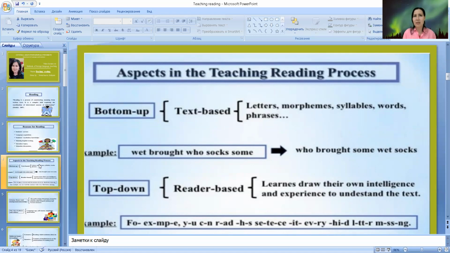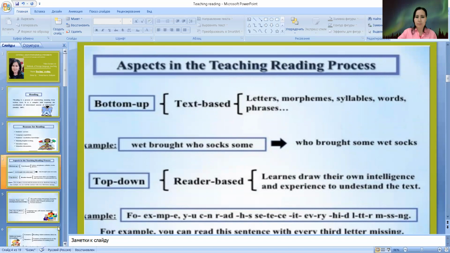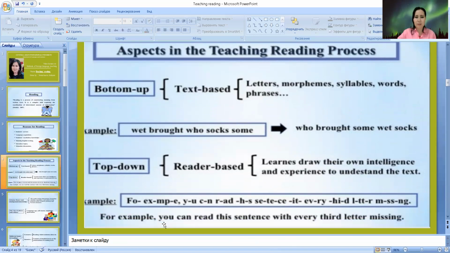When we write something quickly, we can shorten words as we know them. For example, we can read a sentence with every third letter missing, and we can do it correctly. You can see here another example.